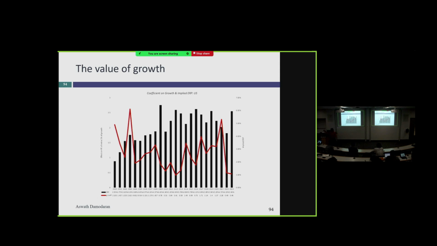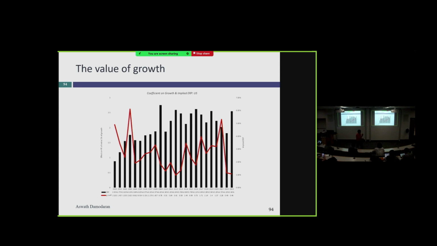You could be the same company one year later, take a look at what happened. In 2002, the equity risk premium almost doubled. The price paid for growth had halved. The same company, repriced, is now going to have a much lower pricing. And I'm stating the obvious, but if you're a high growth, high risk company, how you do in the future is very much a function of how the price of risk and price of growth vary across time.